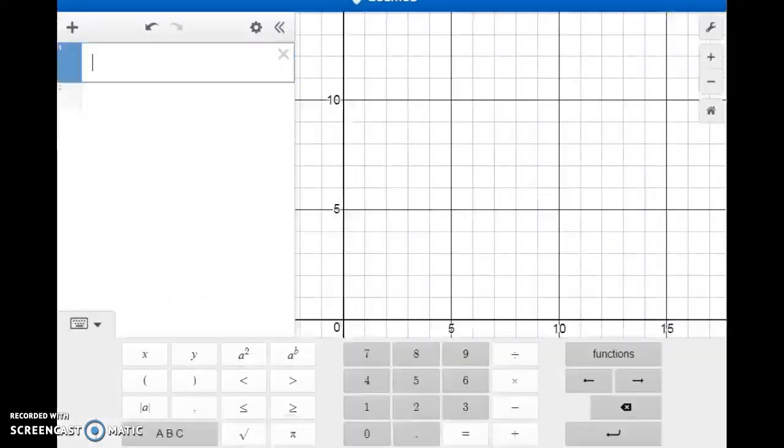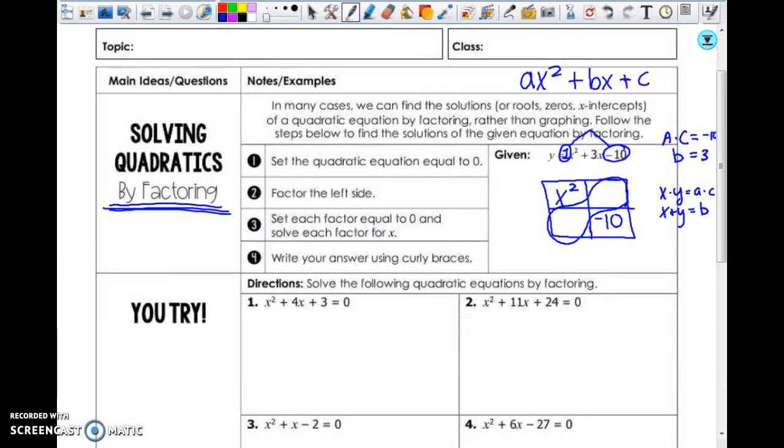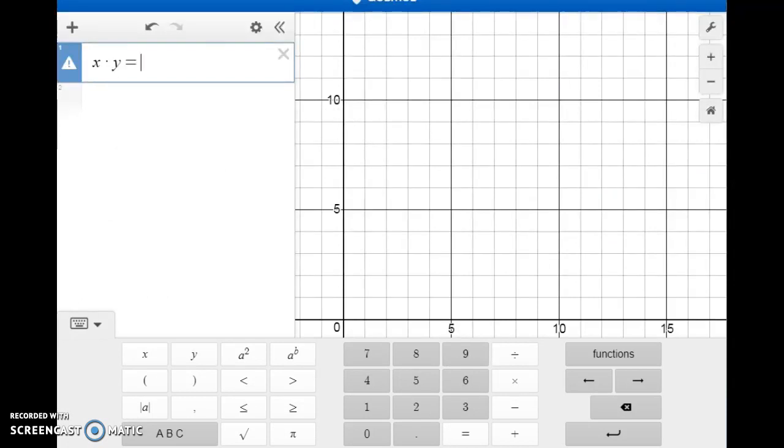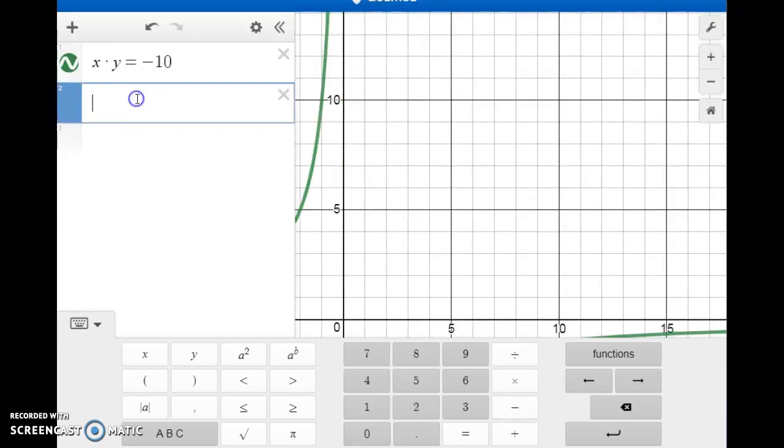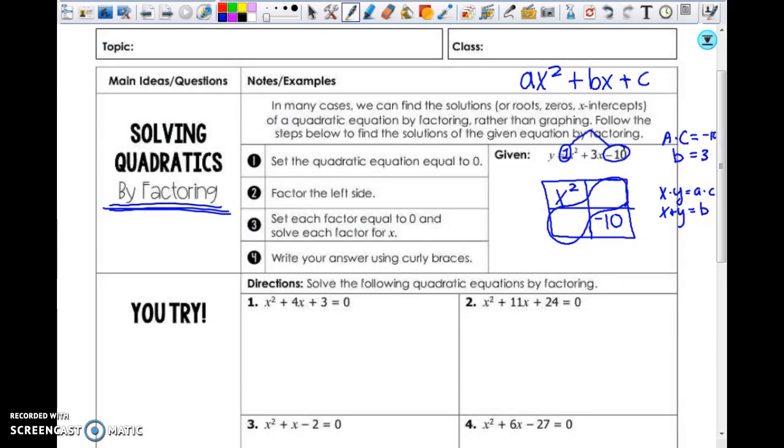So that's what I'm going to put here in the box. So remember, you go to Desmos and you type in x times y, and this is what you're leaving there. And we said that the a times the c was a negative 10. And then x plus y equals b, which we said the b was 3.